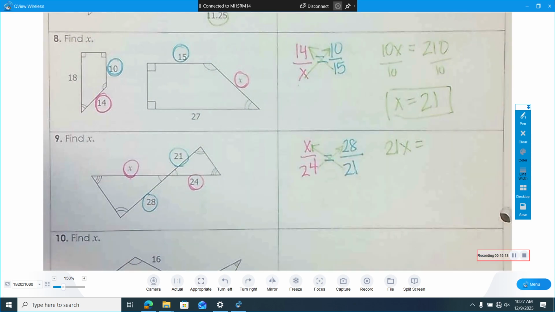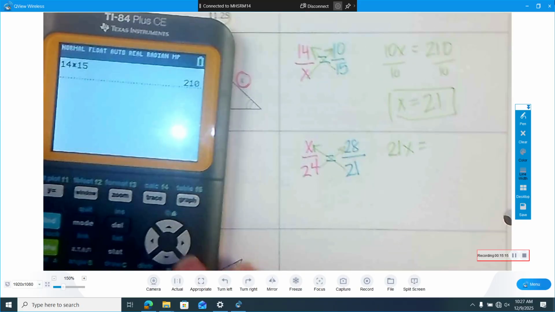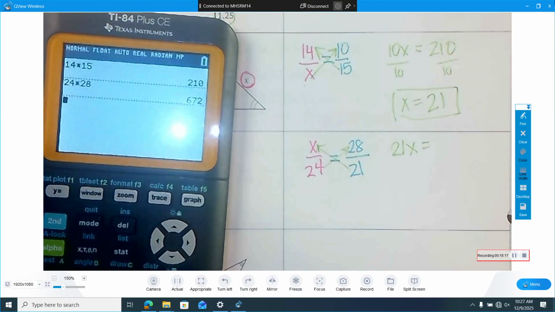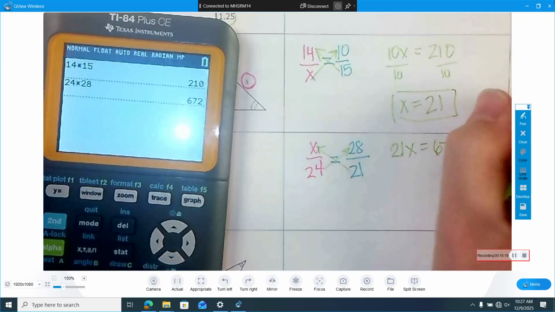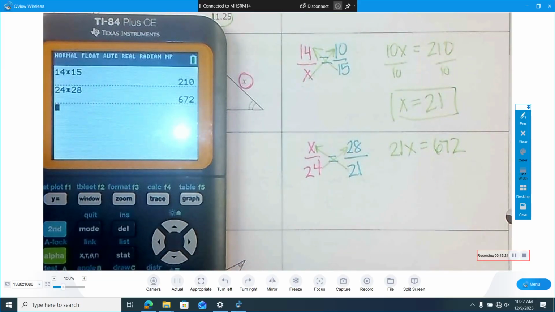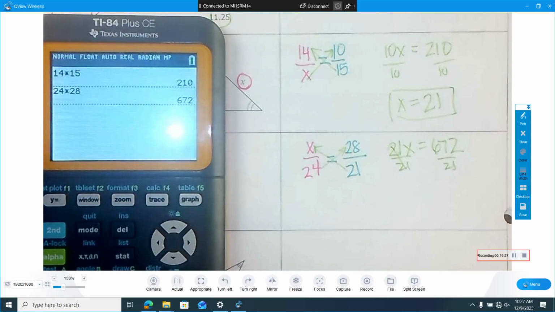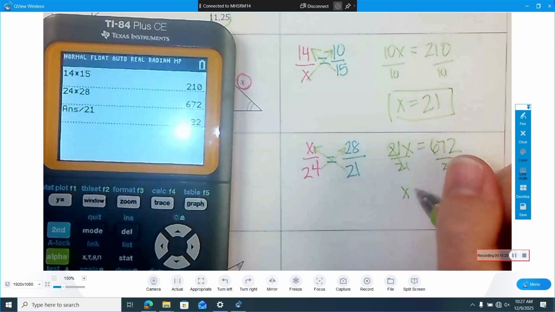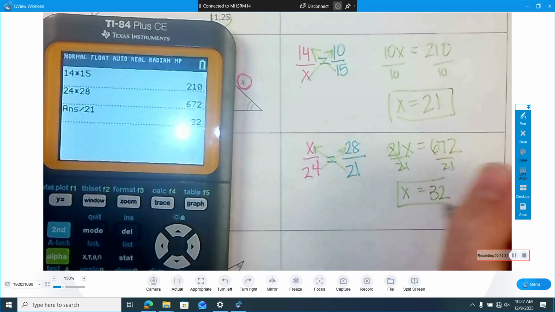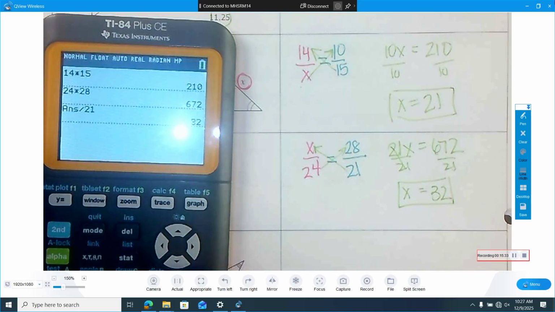And 24 times 28, I have no idea. 24 times 28 is 672. How do I get x myself? Divide by 21. Divide by 21. So you get x equals 32.